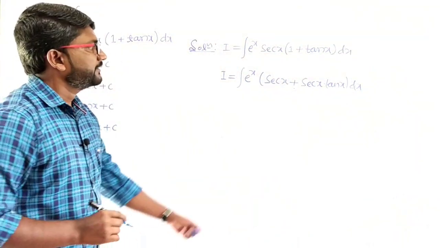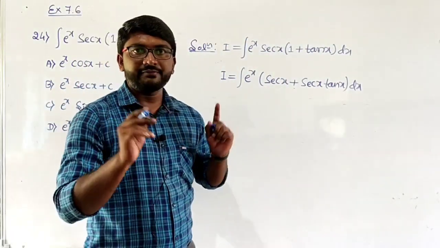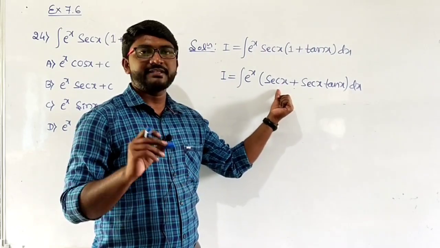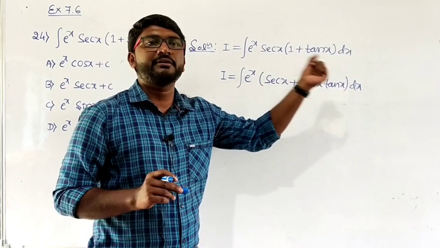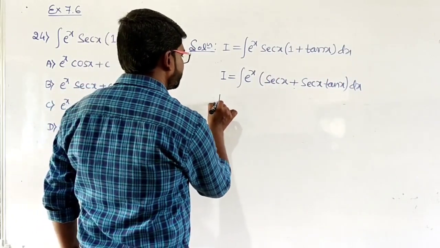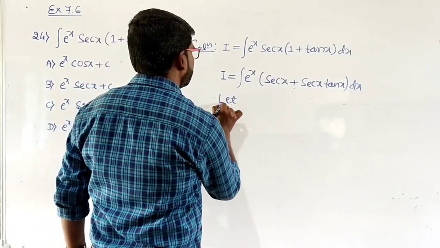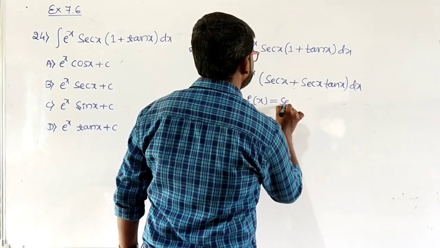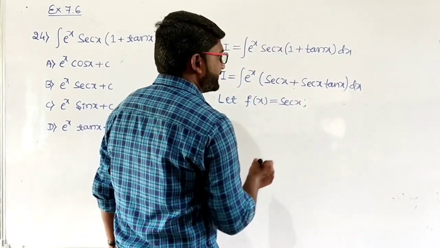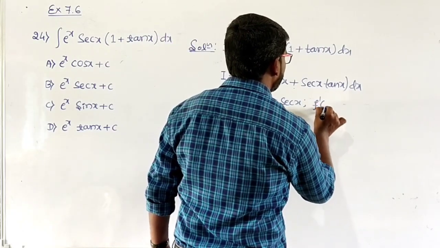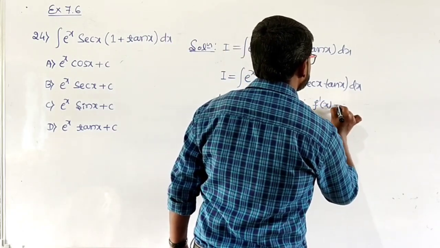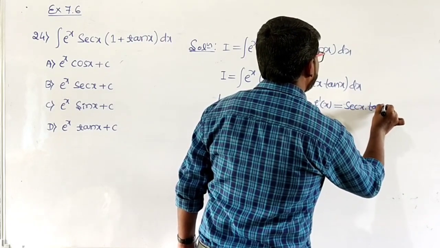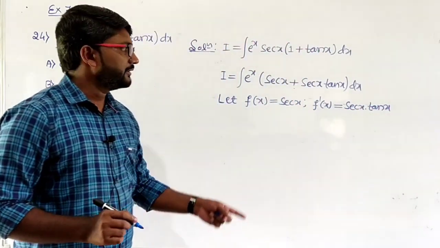So now if we take this as f of x, whose derivative is there in the second term? So derivative of secant x will be secant x into tan x. Let f of x equals secant x and then f dash of x equals secant x into tan x.